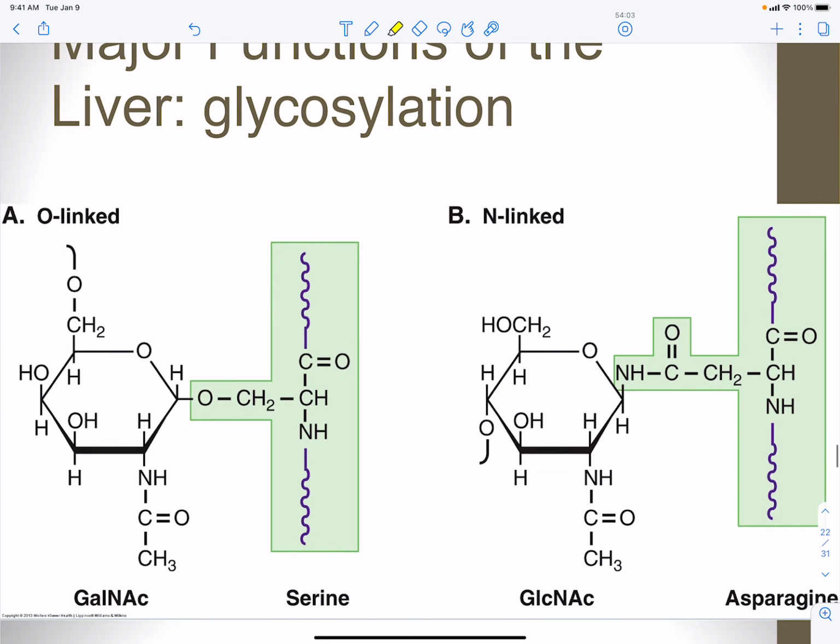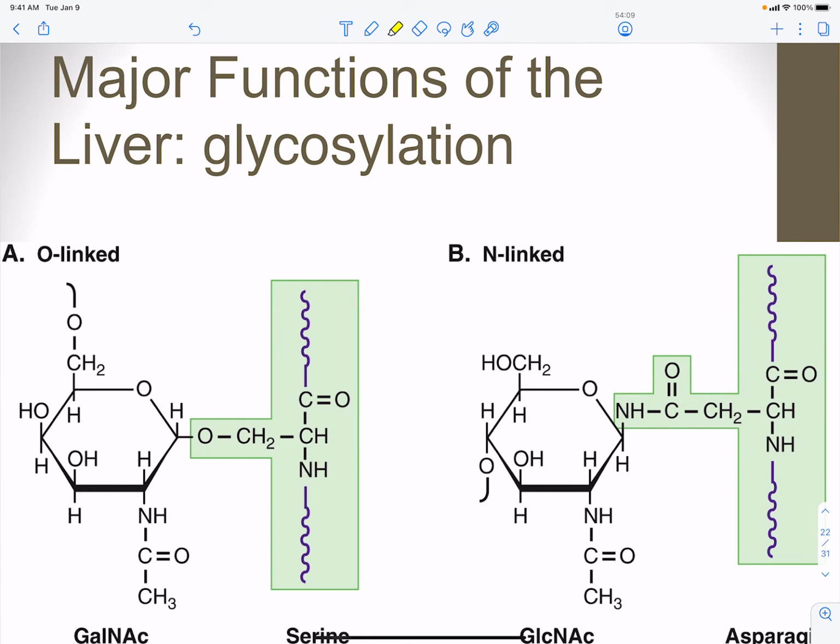Now, another important function of the liver is glycosylation. So most of the sugars secreted by the liver are going to be O-linked. And so, again, we've already talked about O-linked, in which the carbohydrate is going to be attached to a protein at the anomeric carbon.